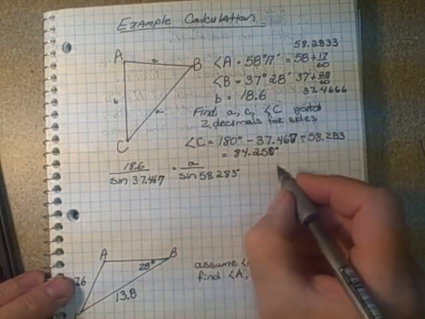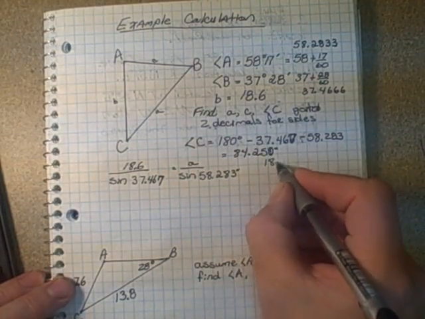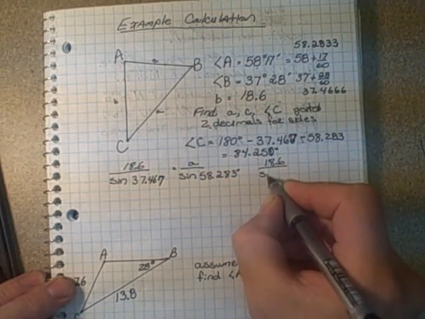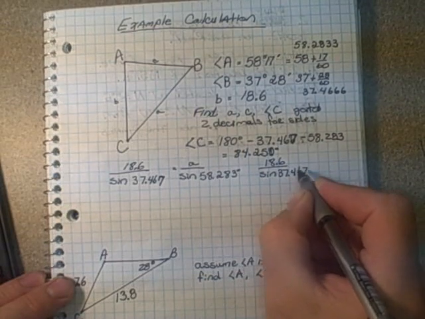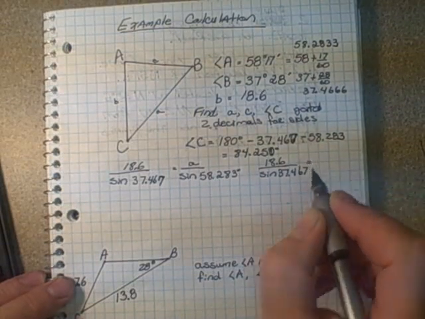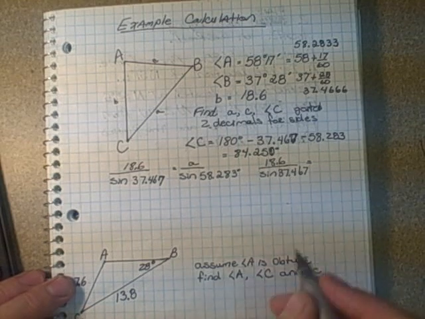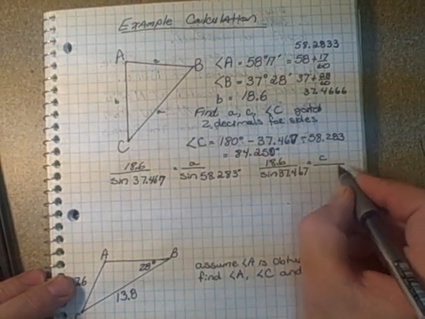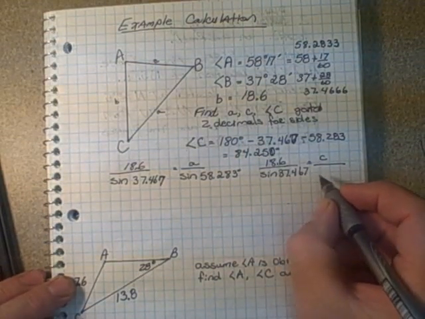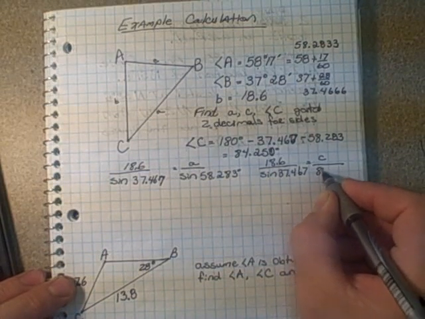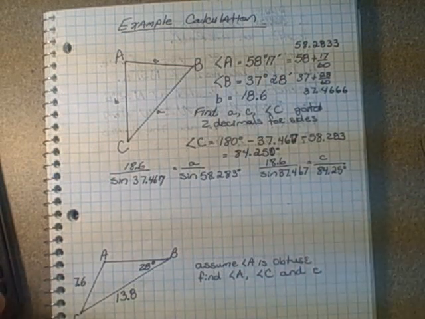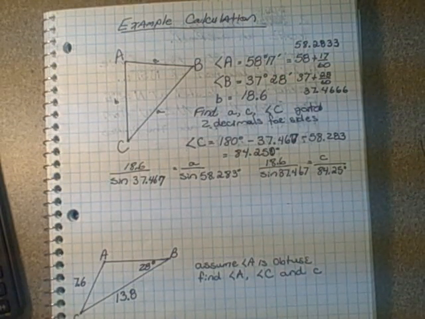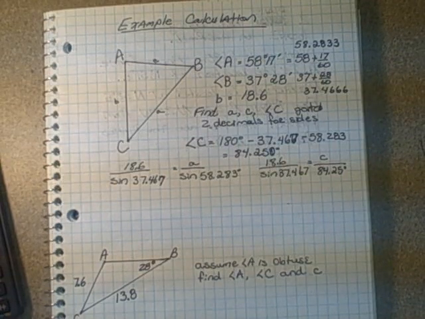We can do a similar one here, the given ratio, and this time we put in the other side that we're trying to calculate, side C, over the angle that we calculated for angle C, and that was 84.25 degrees.